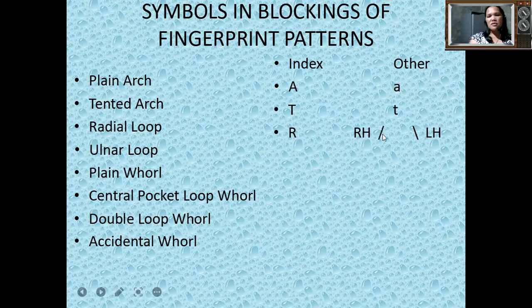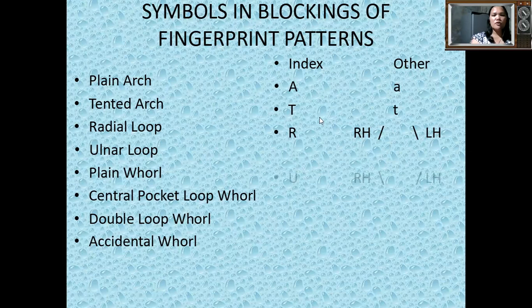If the slanting ridges move towards the thumb and it is on the right hand, this is the slant for a radial loop. But if it is on the left hand, this kind of slant is a radial loop.